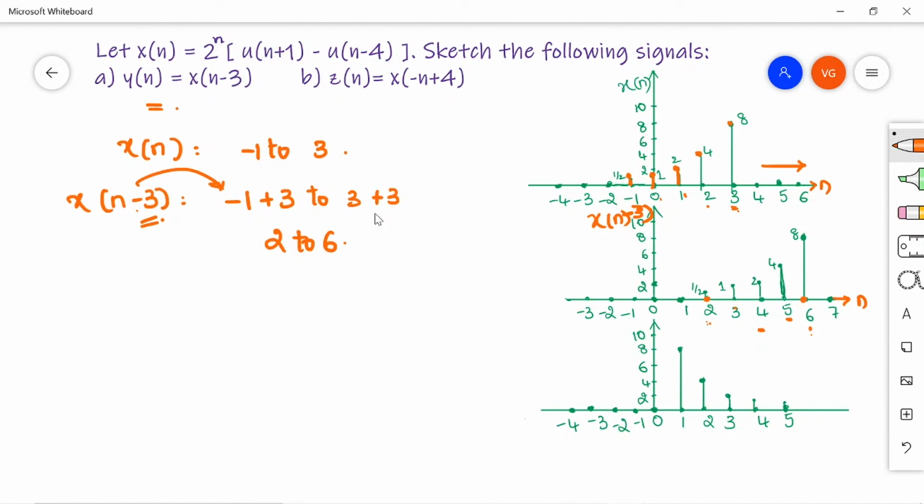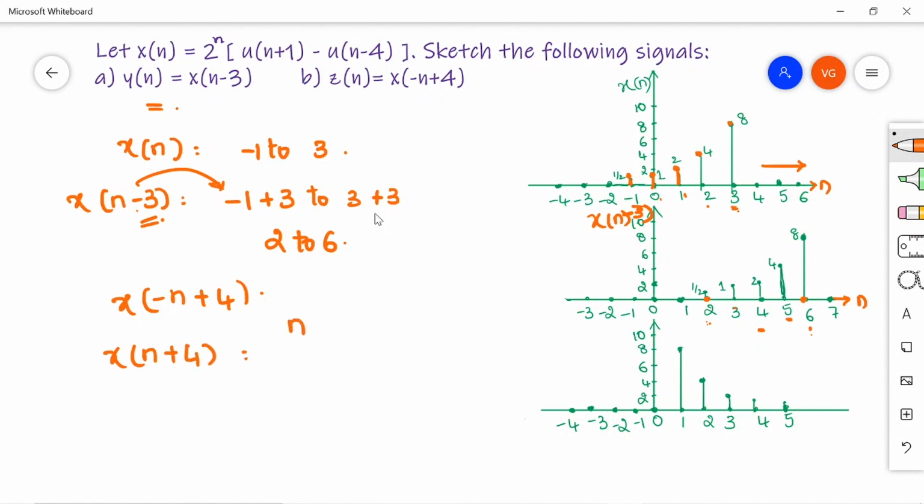Right. Then x of minus n plus 4. Right. So x of minus n plus 4, first you have to shift and then invert. That is, you have to shift the signal first by 4 units. First we will see x of n plus 4.